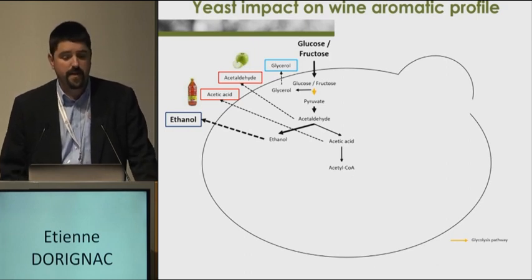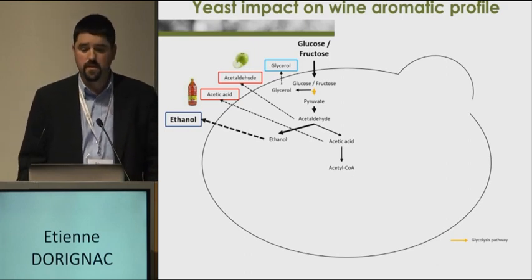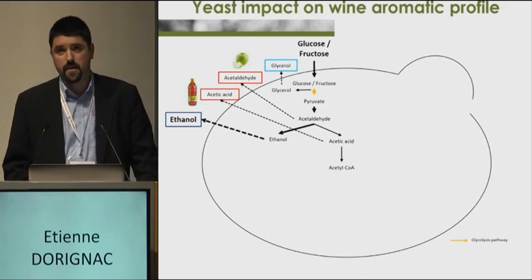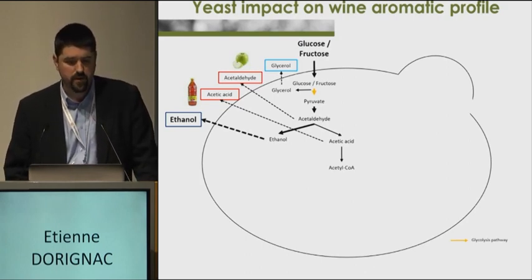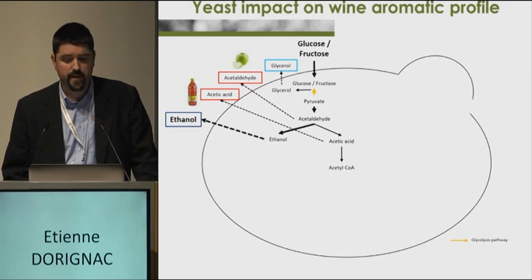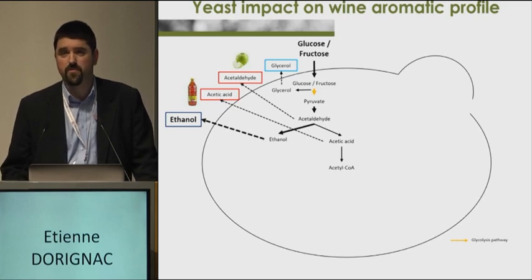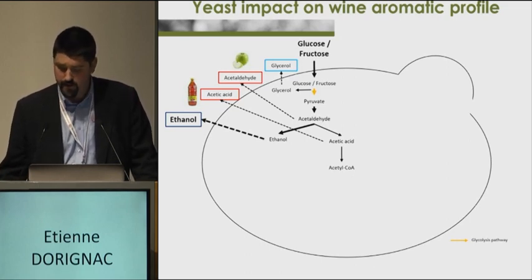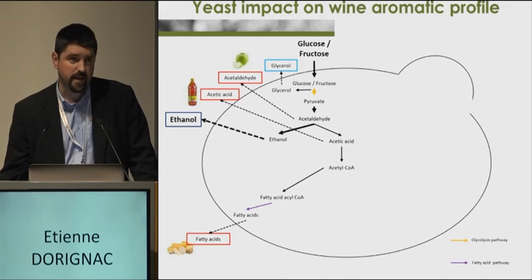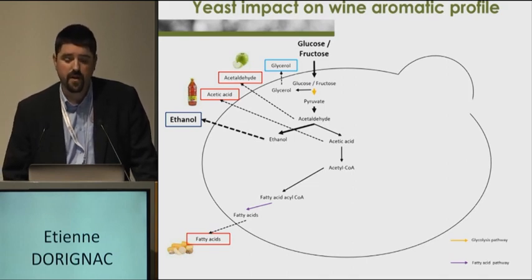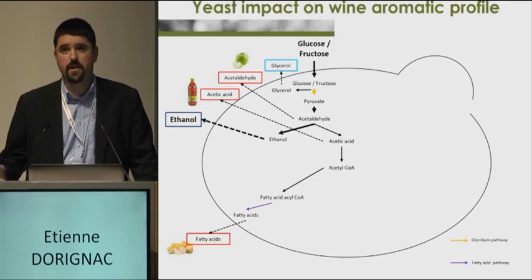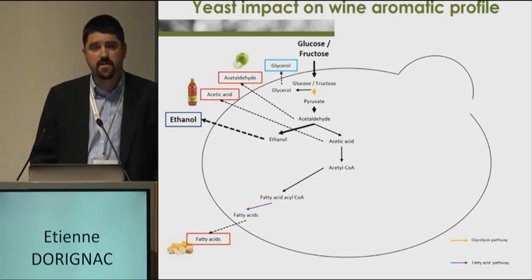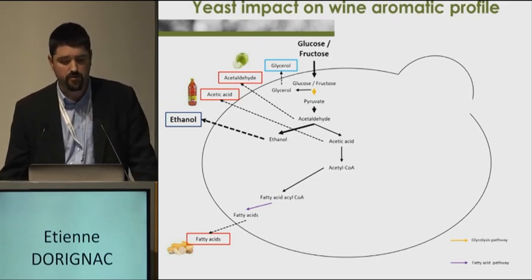These compounds can be acetic acid, that's not the nicest one, acetaldehyde, which we talked about with Professor Gambuti just before, and some glycerol. But this pathway is going to a key compound, acetyl-CoA, and that's the base of most of the aromatic compounds. This acetyl-CoA is involved in the fatty acid pathway to produce fatty acids. If they are released out of the cells, that can have some cheesy notes, not really particularly interesting.